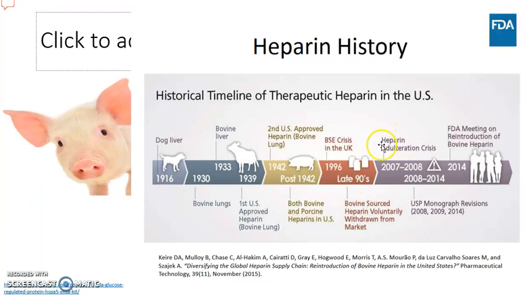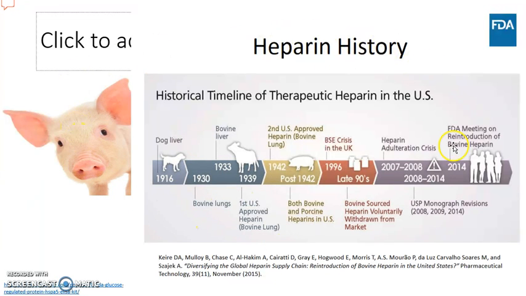And then there was an issue with heparin adulteration. There were some complaints, and there were reports saying that the heparin was not pure. Okay, it was adulterated. So then there were issues, and then in 2014, the FDA reintroduced bovine heparin to the market in the US.